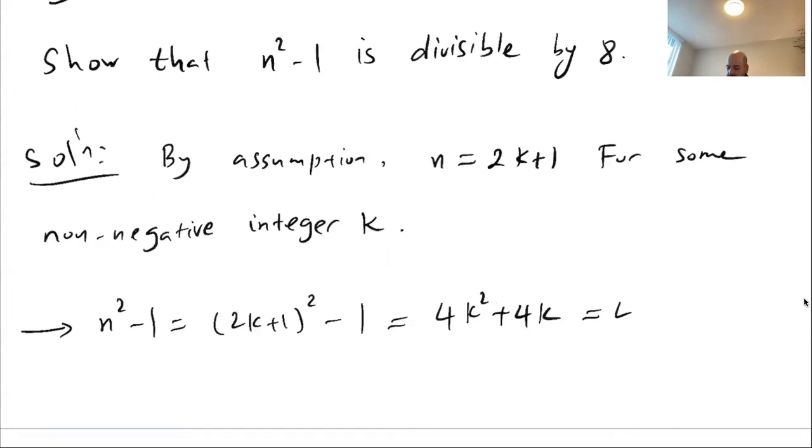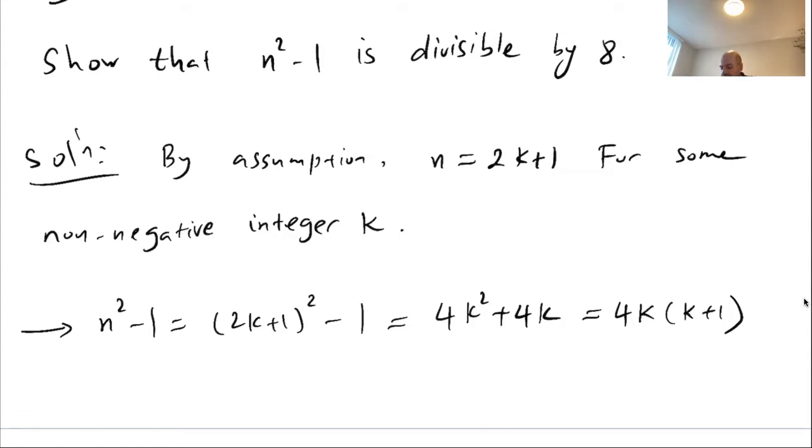And then this one, I can write as 4k times (k plus 1). So we can already see that n squared minus 1 is divisible by 4 because it's 4 times a number.